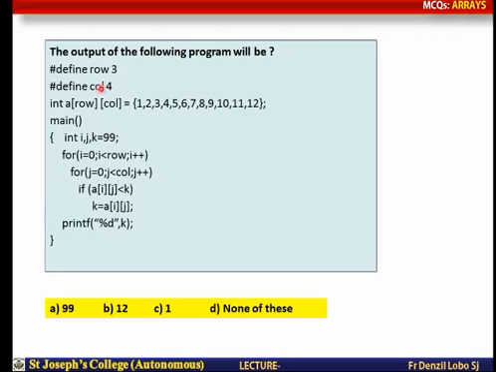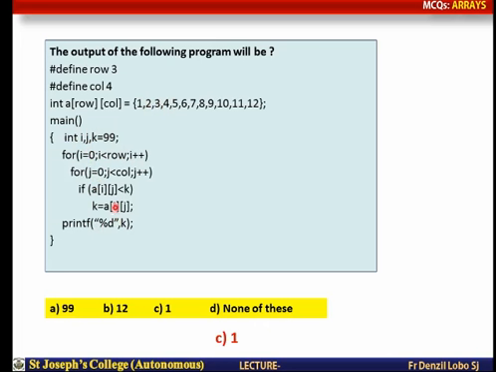Alright, now here you have got 3 rows and 4 columns. First you make 3 rows, 4 columns and assign these numbers 1, 2, 3, 4, 5, 6, 7, 8, etc. Then, as you see here, starting from 0, row, etc., K is assigned 99. So what is the answer in this case? After doing all that and coming out, you try to print.